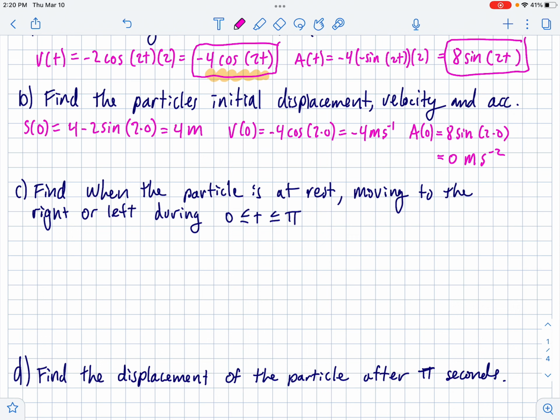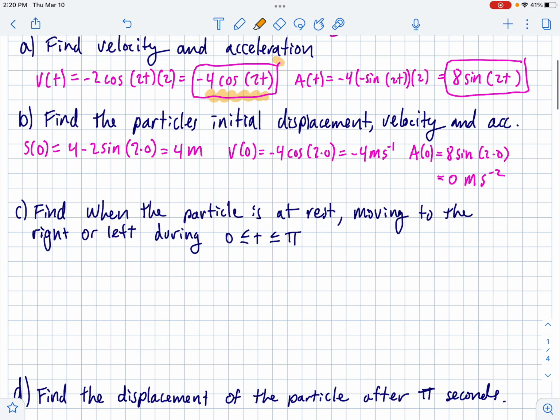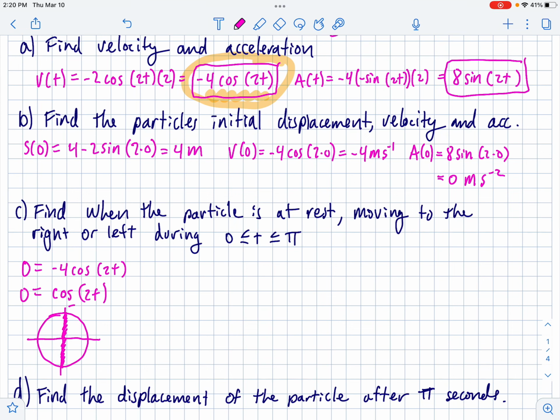So this is 0 meters per second squared. This next part says find when the particle is at rest, moving to the right or left during 0 to pi. So we need to set the velocity equal to 0 to figure out when a particle is at rest. So we say 0 is equal to -4 cosine 2t. Divide both sides by -4. We get 0 is equal to cosine 2t. Now we need to figure out where cosine is at 0 on the unit circle. That would be when there's a really skinny triangle up top and a really skinny triangle on the bottom.